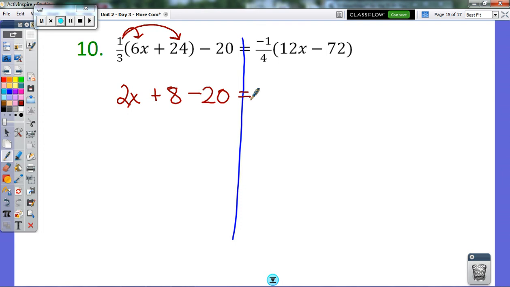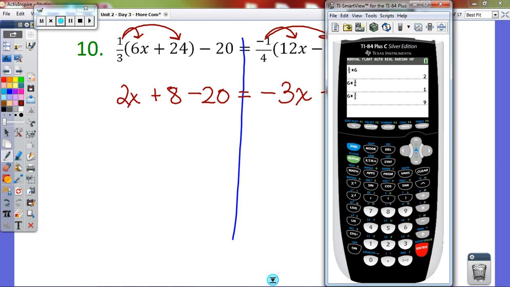Now on the other side, I have to distribute negative 1/4. Well, negative 1/4 times 12x, yeah, type it in. I'm hoping you guys are going to get a negative 3, and you know it's a negative 3x. Now, negative 1/4 times negative 72. I know it's positive, but I actually don't know this one.